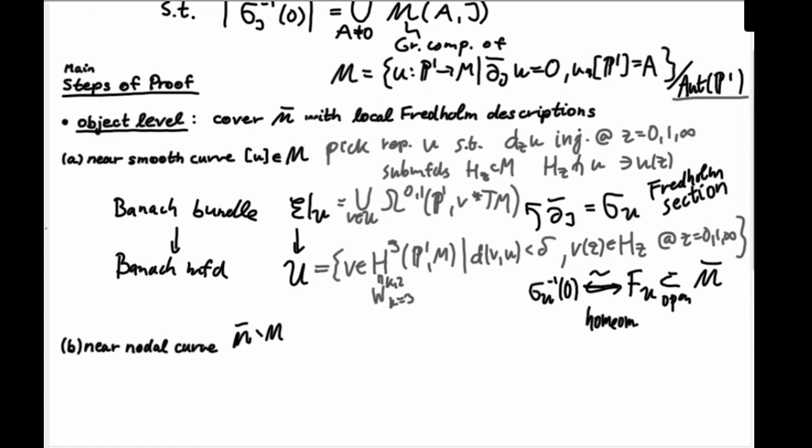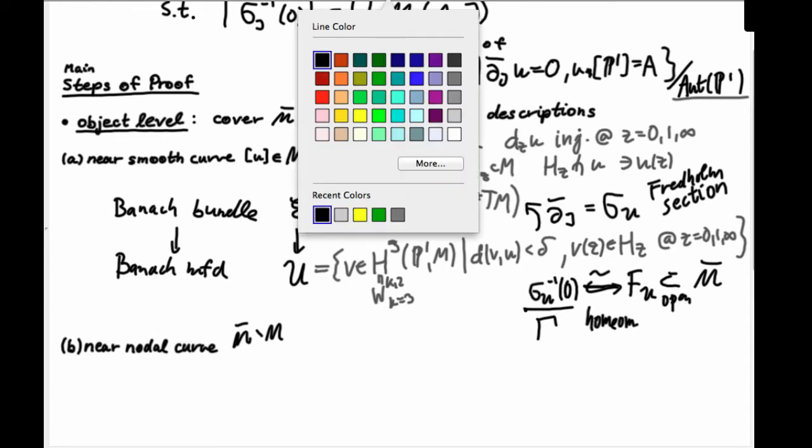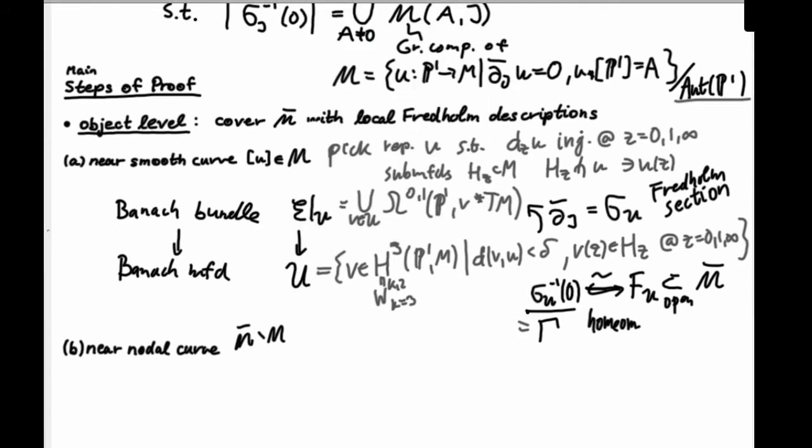Except there might be isotropy, right? So in general there might be this quotient by a finite group. That's what we generally allow with our local Fredholm descriptions. And in this special case, that finite group is the stabilizer of my center map U. So that's sort of the general local slice theorem here. And then you just restrict your Fredholm section to that.